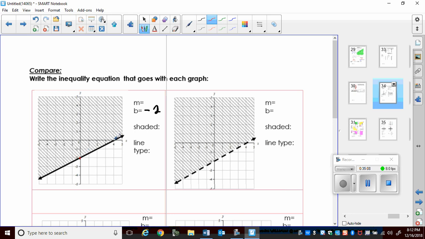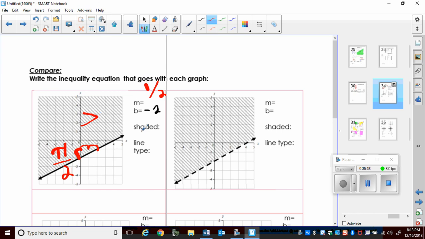I go up 1, over 2. That's my slope: positive 1/2. And I'm shading above, so this is greater than.